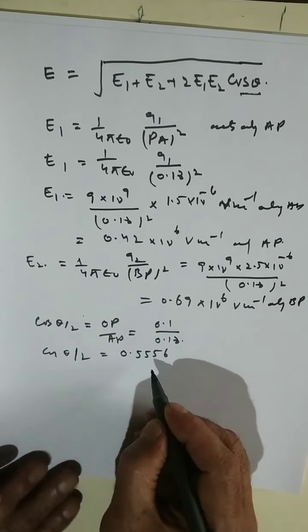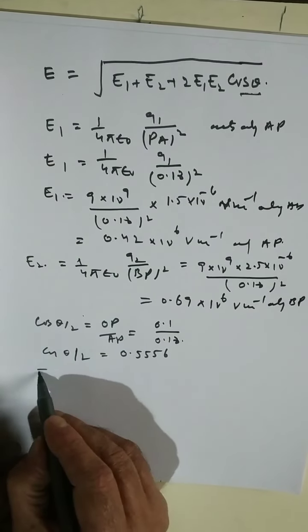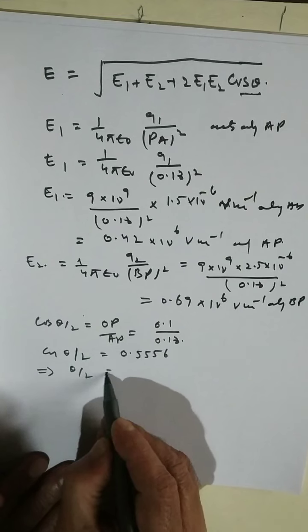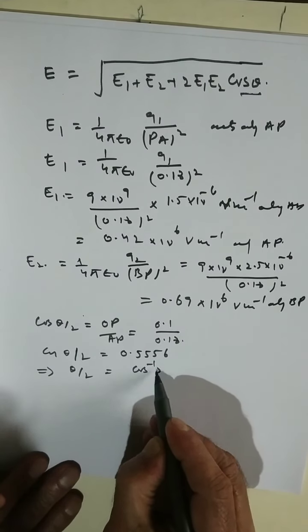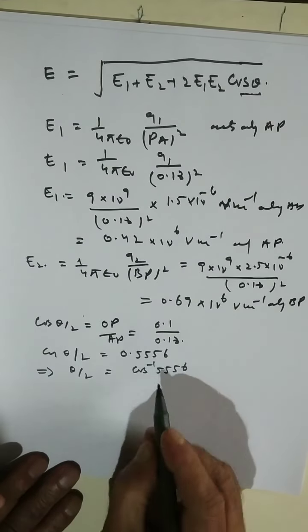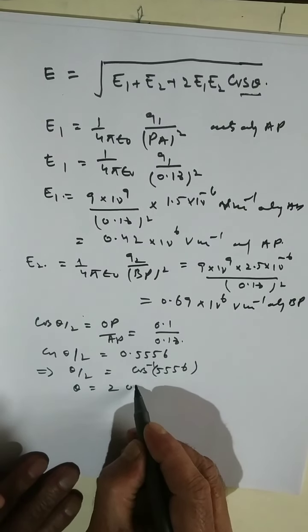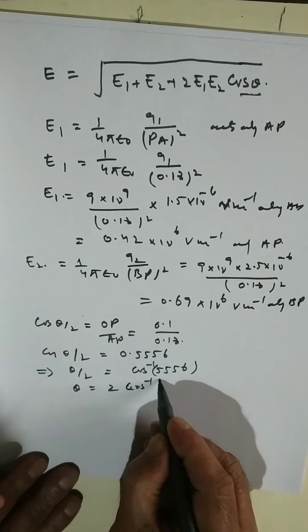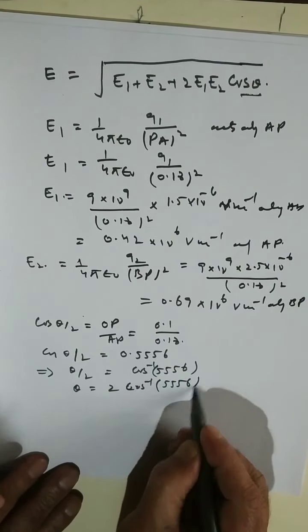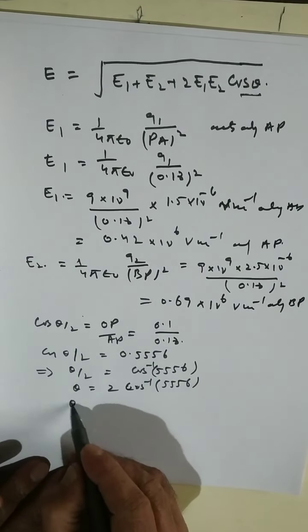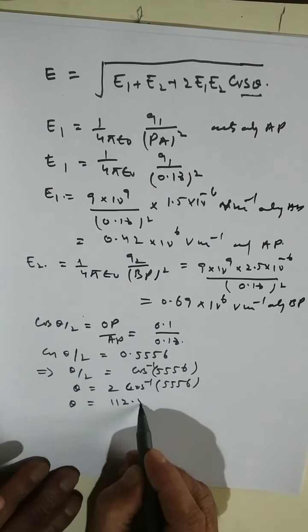0.5556, which implies that theta by 2 is equal to cos inverse 0.5556. Okay, or theta is equal to 2 cos inverse 0.5556, or theta is equal to 112.5 degree.